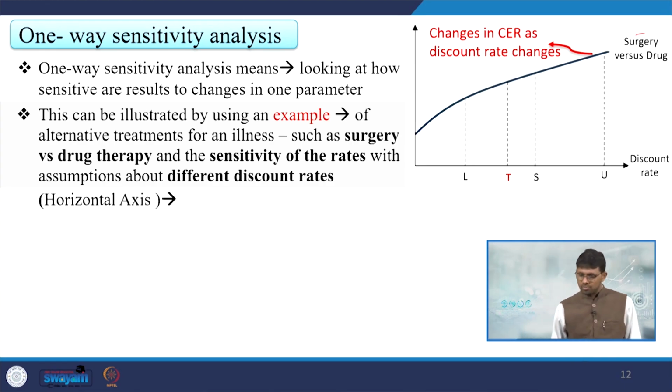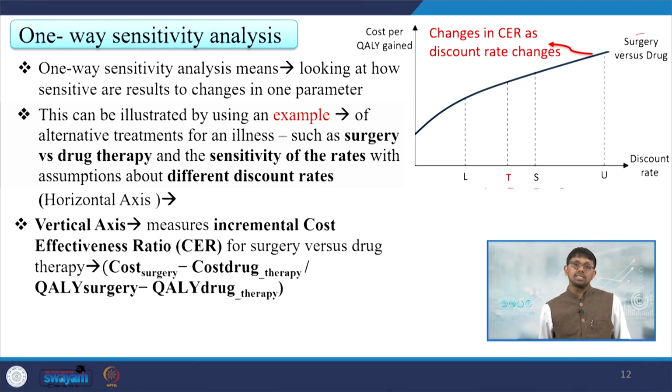So, the rates are discounted over time. On the vertical axis we are measuring the incremental cost of surgery as against drugs, hence the vertical axis measures the incremental cost effectiveness ratio, that is called ICER, for surgery versus drug therapy.